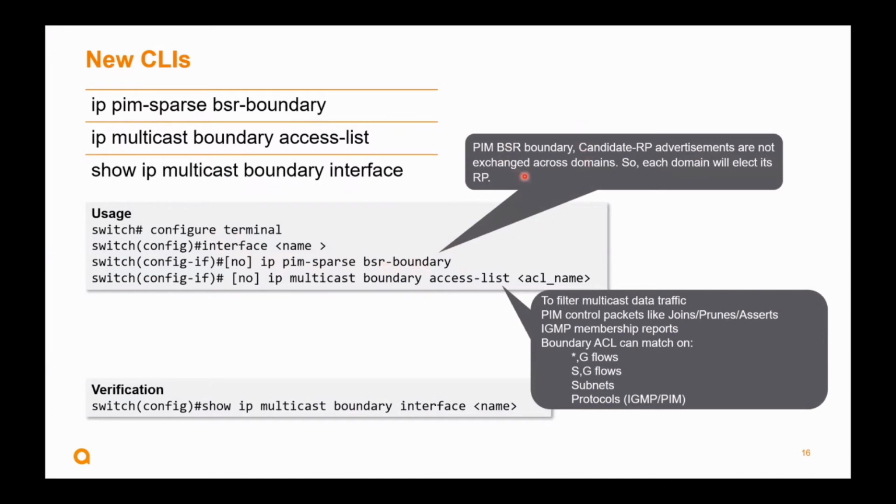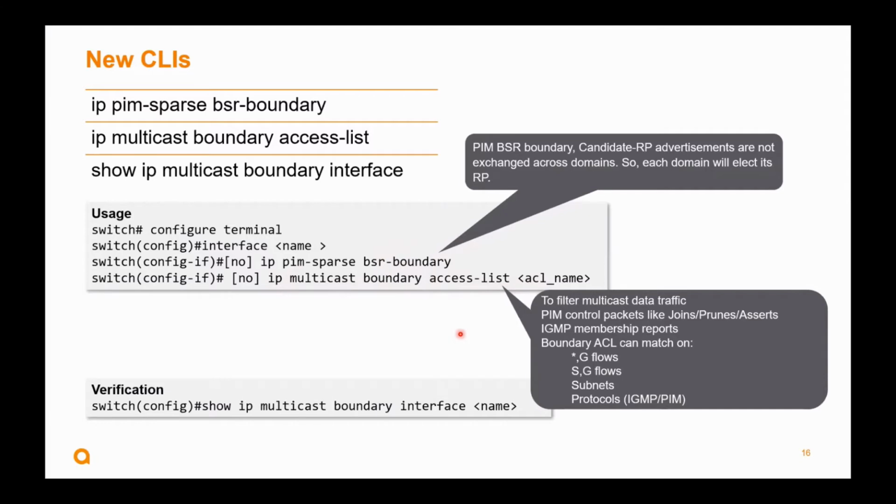It's basically filtering the BSM messages, which prevents our rendezvous registration and announcement from going across to the other domain, right? That's for the rendezvous announcements and registrations. Now, when the multicast stream starts, which streams of multicast we would allow to go across or which ones to filter, that's where the IP multicast boundary access list kicks in. This is the data plane, if you may, and the BSR boundary is the control plane.